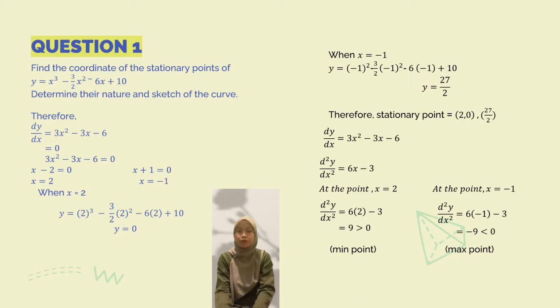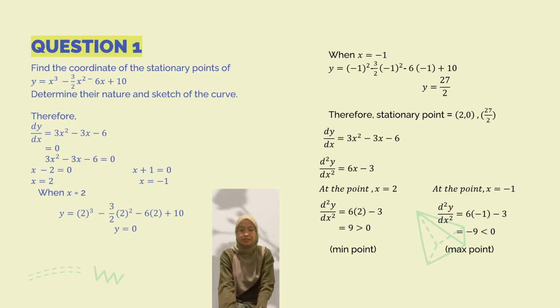Example question from differentiation. First, find the coordinates of the stationary points of y equals x to the power of 3 minus 3 over 2 x to the power of 2 minus 6x plus 10. Determine their nature and sketch the graph of the curve. So, y equals x^3 minus 3/2 x^2 minus 6x plus 10.